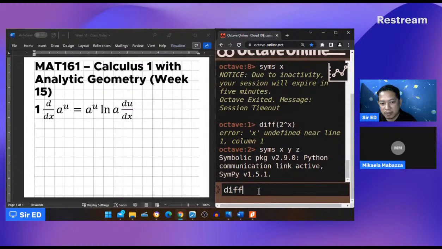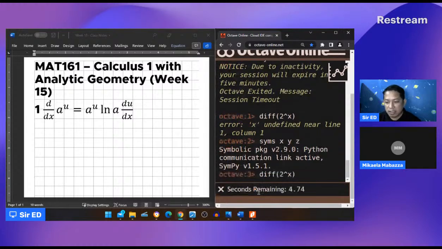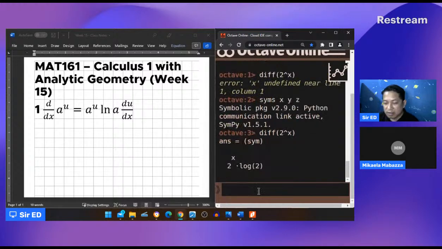So we have here the derivative of 2 raised to x, as specified on the illustration. We have here 2 raised to x log of 2. That log is actually ln, because in MATLAB or Octave, log is log base 10. So it's just a difference in notation, but this is still the answer.